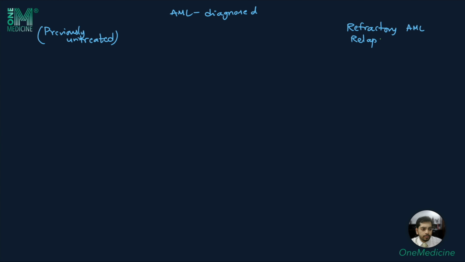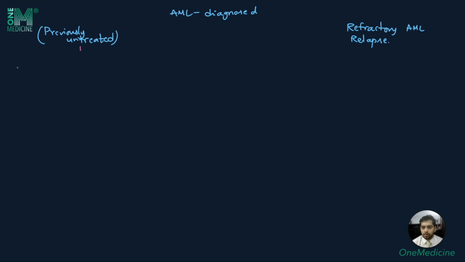Now let's look at the treatment algorithm for AML. Once the AML is diagnosed, we have to classify the patient into previously untreated, that is a new patient without any previous exposure to medications, or a patient who has a refractory AML or has seen a relapse in the AML.